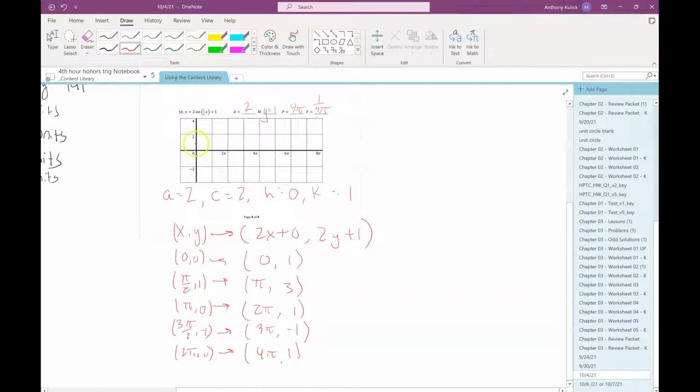Yeah, so 0, 1, pi 3, 2 pi 1, 3 pi negative 1, 4 pi 1. So that's 1 period. And then I would just continue by extending this. So the next spot we're up here, and then back down to there.